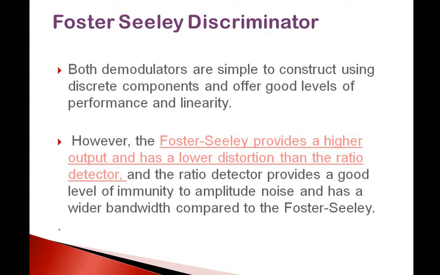But the drawback is that it is not immune to amplitude noise. Whenever the amplitude increases or some noise comes, the Foster-Seeley demodulator is affected immediately. So the advantageous one of the two is the ratio detector, which is completely immune to noise coming from the amplitudes.